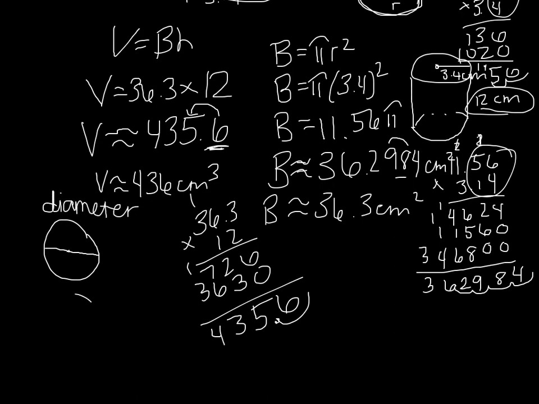If they tell you from the center to the outside, that is a radius. Which one do we need to be able to figure out the area of a circle? Radius.